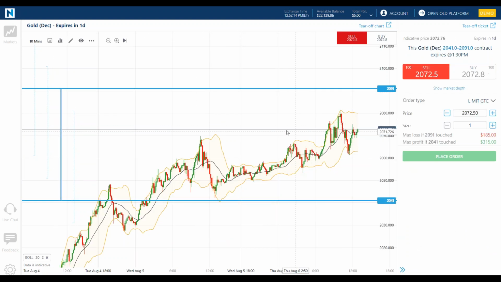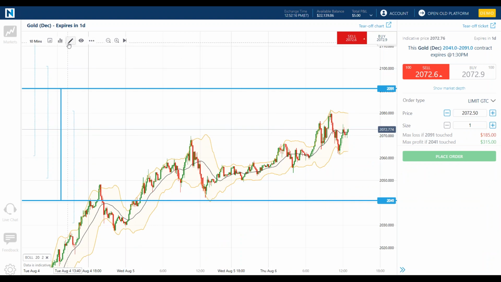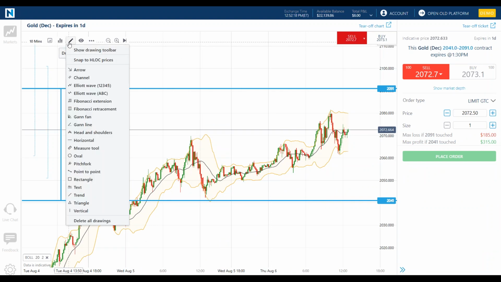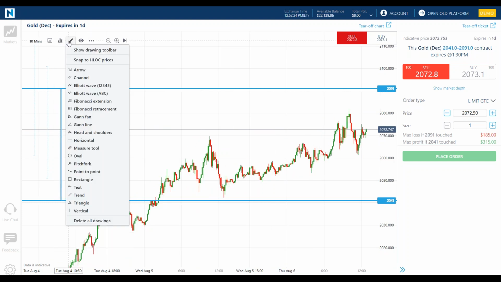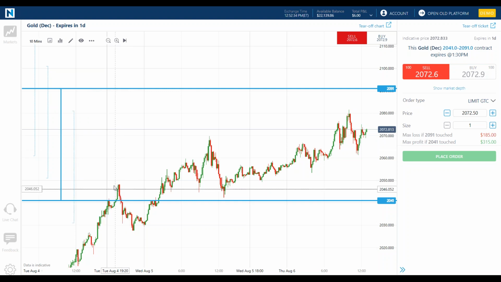Okay. The other thing I wanted to show you are some drawing tools. You can put drawing tools. Let's go ahead and take the indicators off. I'm going to take Bollinger Bands off and just play with some indicators now. If you wanted to put your own support and resistance lines in where you see fit, I can grab a horizontal line and drop a horizontal line.